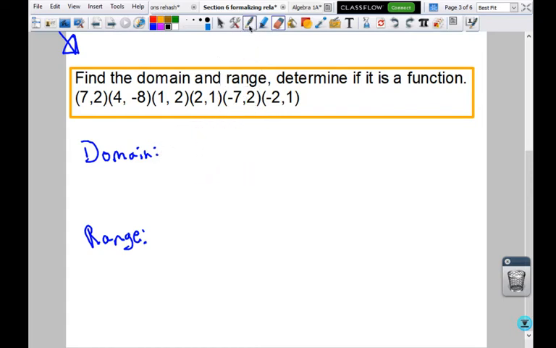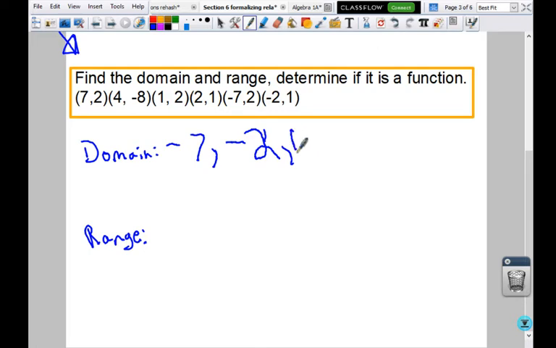Alright, so our smallest domain is negative 7. What's a little bit bigger after that? Negative 2. There you go. Alright, keep going. What's going to come after that?